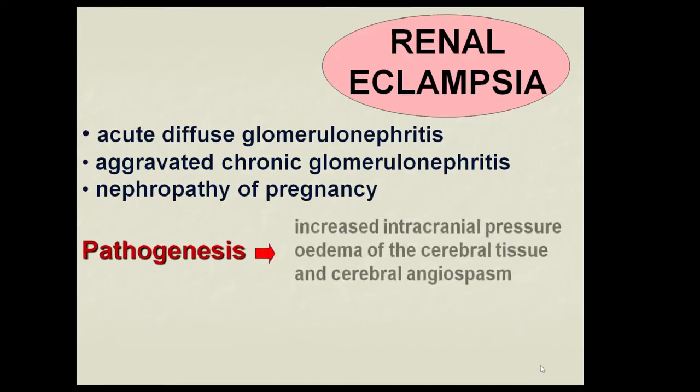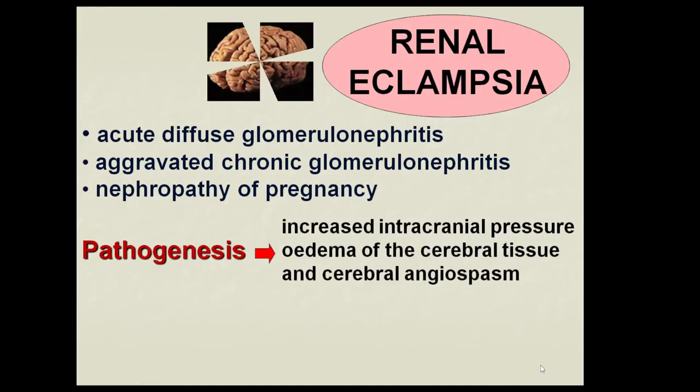If we stop on the pathogenic mechanism of formation of renal eclampsia, I said it is a syndrome which appears due to increased intracranial pressure, edema of cerebral tissue and cerebral angiospasm.